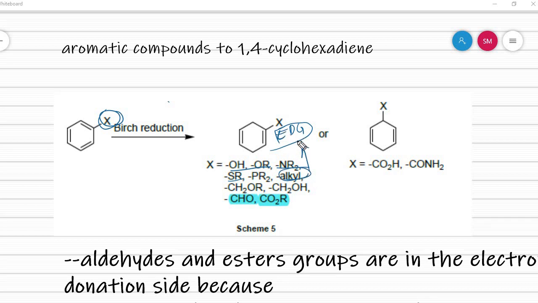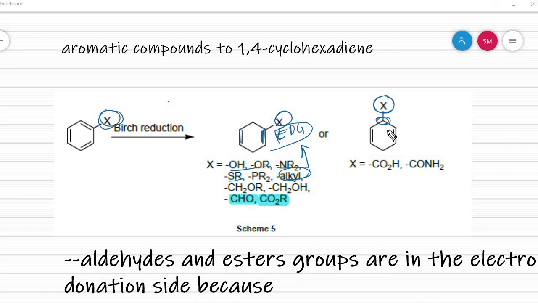Which is an electron donating system, it will convert the 1,4 biradical system into this. So wherever the electron donating group is present, there is a double bond, and its fourth position will also have the double bond. If it is a withdrawing group, the withdrawing group will be away from the double bond.